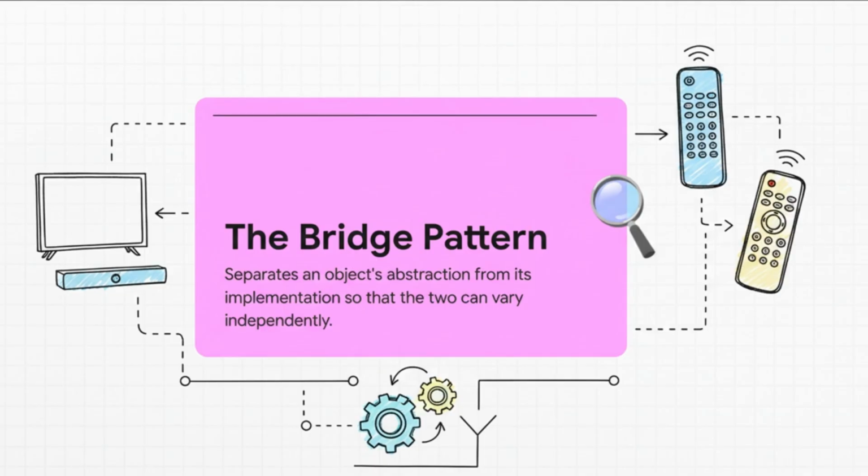Think of the what as the high-level idea, the abstraction, and the how as the low-level nitty-gritty details, the implementation. When you separate them, you can completely change how something works without the part of your code that's using it ever knowing the difference. It's all about freedom and flexibility.